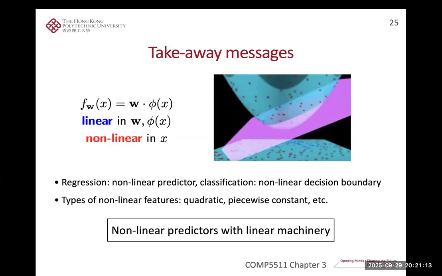We can still use linear models to deal with these nonlinear features, but you need to craft the feature extractor well to represent your features. We also briefly talked about feature templates and the feature engineering part. Okay, so that is all for today.